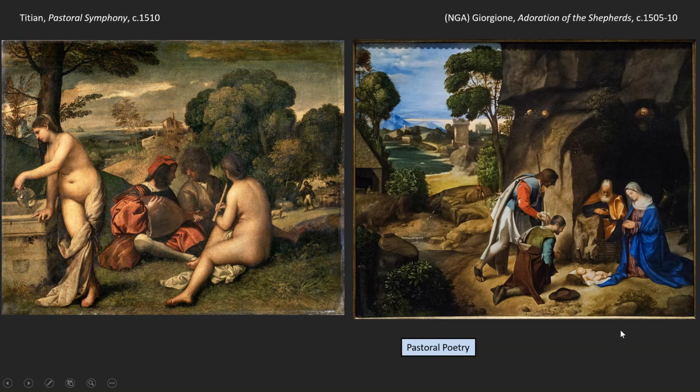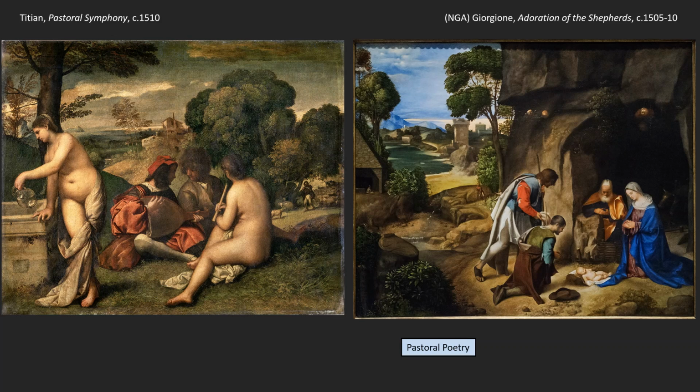Now, this interest in pastoral poetry, right? Arcadia and pastoral means poetry focusing on the lives of the shepherds, became very, very popular. And we see it reflected in numerous paintings that seem to evoke the themes of these poems.